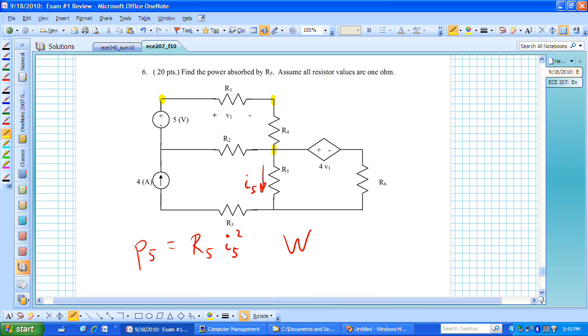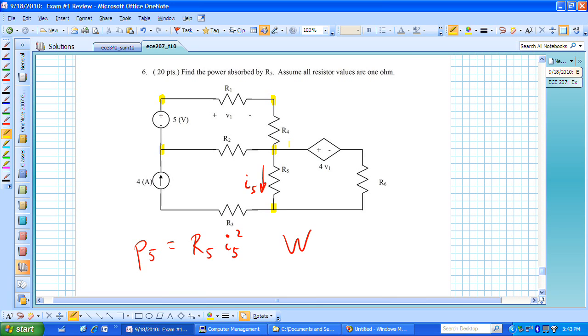Those may not be essential nodes, but they're still nodes. Here's an essential node, and here's maybe the reference node, and I'm sort of overwhelmed with nodes, so I don't think I want to use node voltage or nodal analysis.